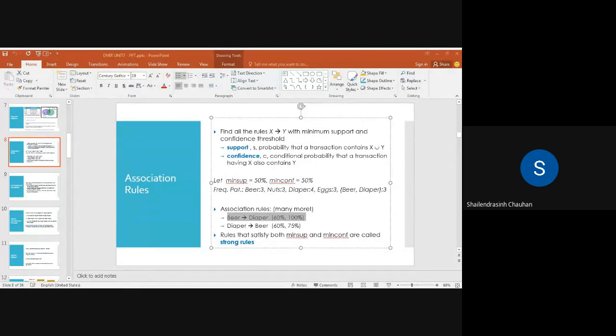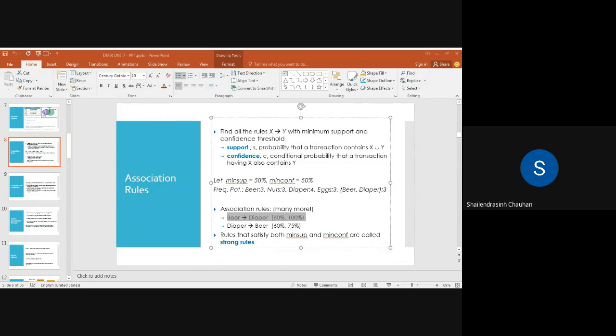Now this is a rule. What is the meaning of this rule? Beer implies diaper: whenever a customer is purchasing beer, along with beer the customer is purchasing diaper, and you are associating these two items. You are trying to find the association between these two items. Support is 60%, confidence is 100%.